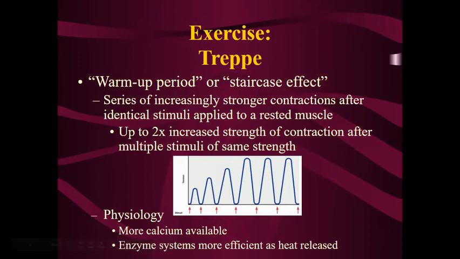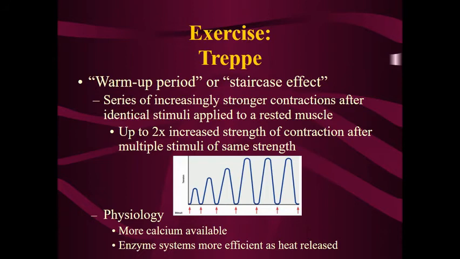Moving on to exercise. For exercise, we have something called treppe. And treppe is the warm-up period, or it's sometimes called the staircase effect. This is when there's a series of increasingly stronger contractions after identical stimuli are applied to a rested muscle. And it's up to 2 times increased strength of contraction after multiple stimuli of the same strength.